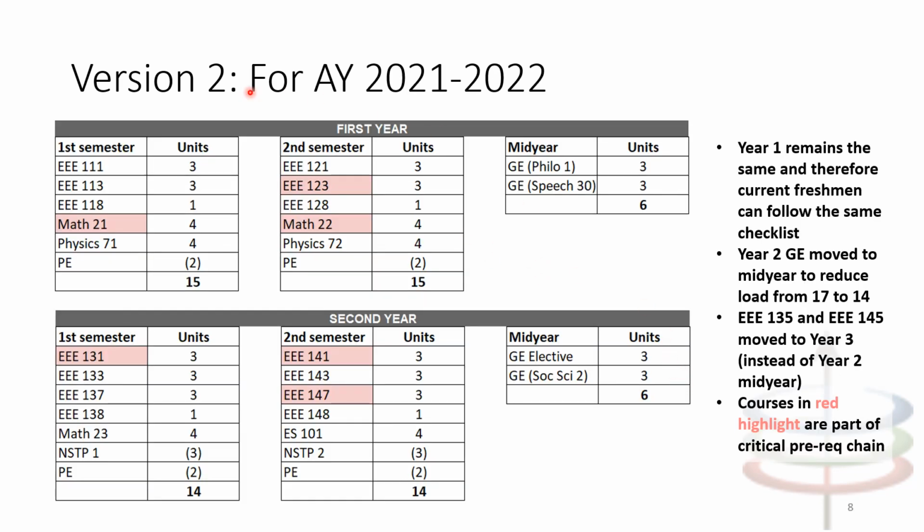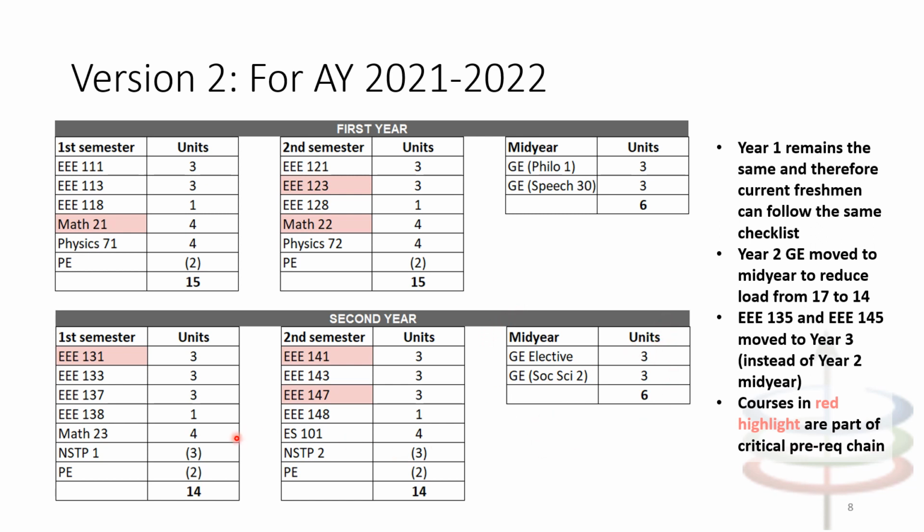Okay, so this is now version 2 of our remote learning curriculum. The first year is still the same as version 1. For the second year, we apply the 16 units cap, and therefore instead of having 17 units, we now have 14 units. Previously, 135 and 145 were scheduled for the mid-year.